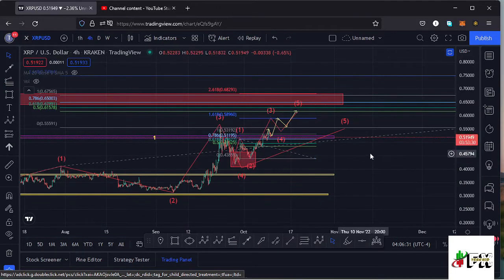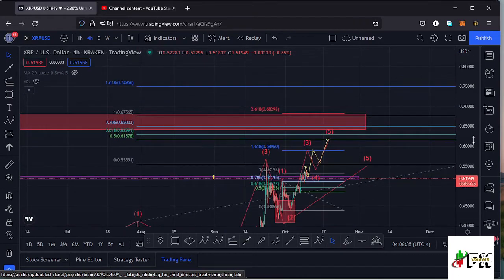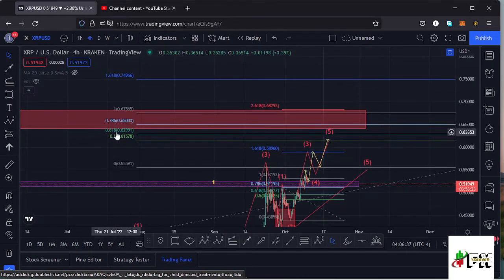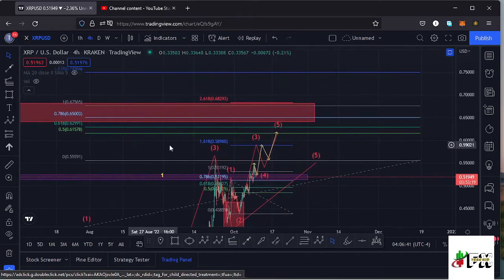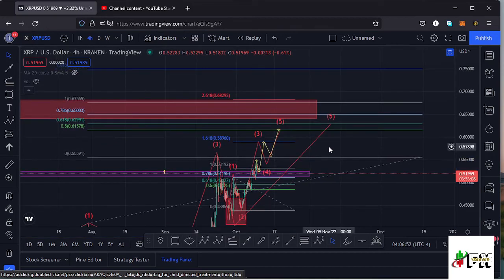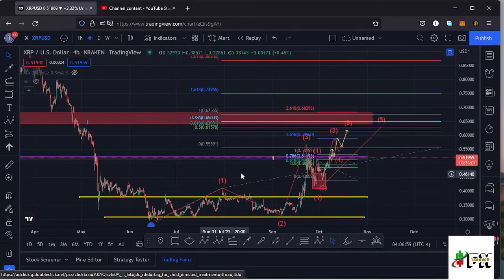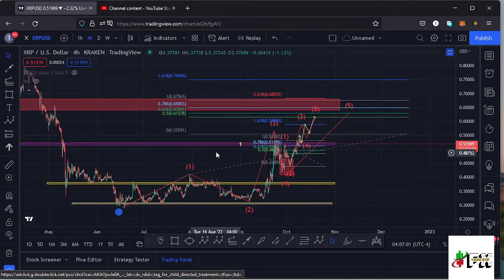So once we do that, we can get a target area to the upper side for that higher Elliott wave count 1 at the fib level 0.618, and that is at around the $0.62 mark. So that movement to the upper side in this Elliott wave count 5, I expect it to be complete at around the $0.62 mark. So let's be patient and see how that plays out, and I'll keep you updated on how XRP continues to unfold.